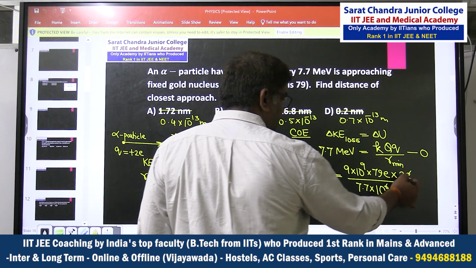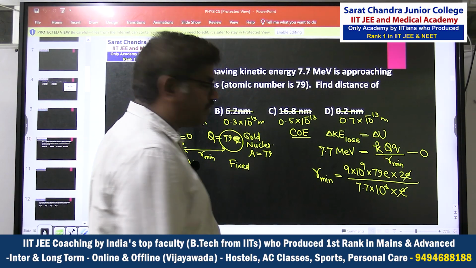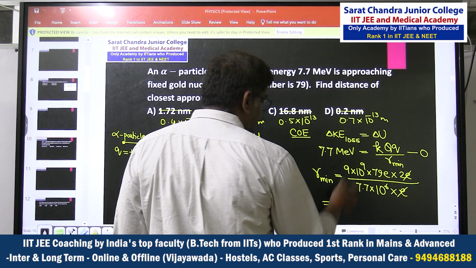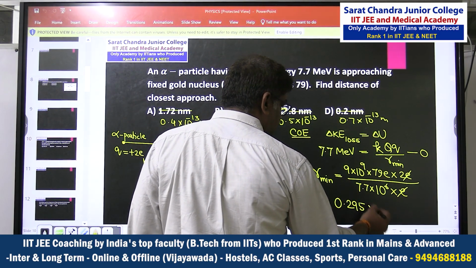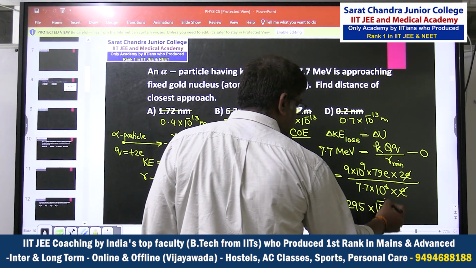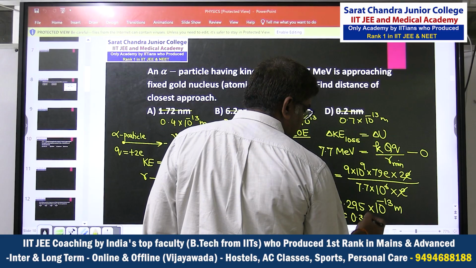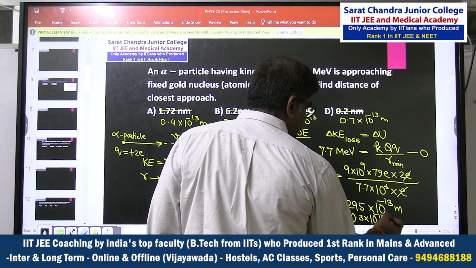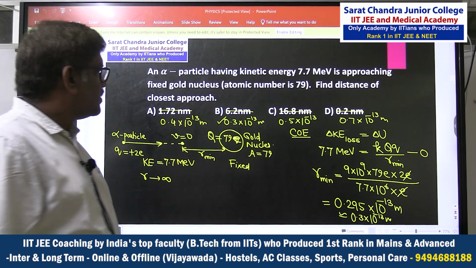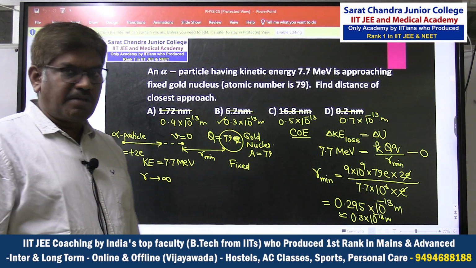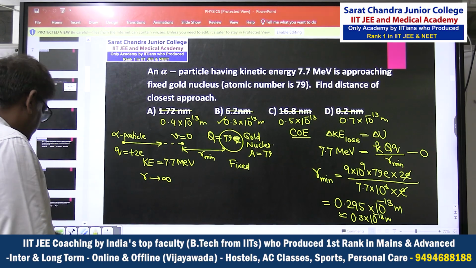So 1 e and 1 e cancel, and you put the value of e as 1.6 into 10 to the power minus 19, and then you will get 0.295 into 10 raised to the power minus 13 meter, which is approximately 0.3 into 10 to the power minus 13 meter. So the correct answer is B here. Since because of memory based, these values are slightly different, so avoid this.